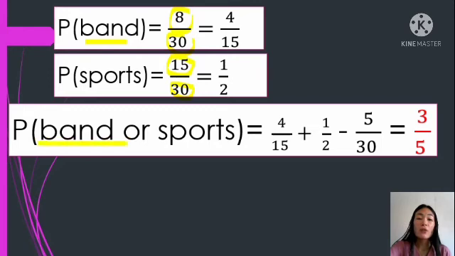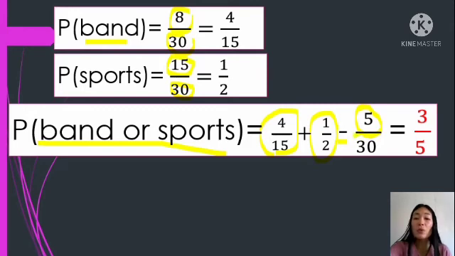So using this formula, probability of band or sports equals 4/15, which is the probability of the band, plus 1/2, the probability of sports, minus the 5/30, because there are 5 students who join in band and in sports.